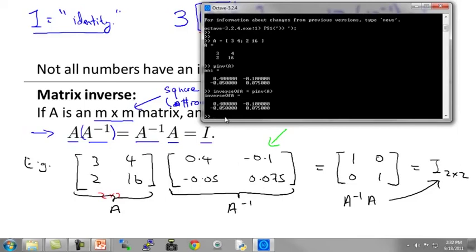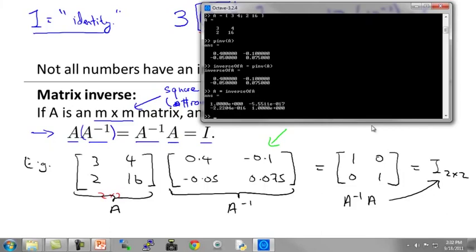I can now just verify that A times A inverse is the identity. A times inverse of A, and the result of that is this matrix. This is 1, 1 on the diagonal, and essentially 10 to the minus 17, 10 to the minus 16 on the off-diagonals. Up to numerical precision, up to a little bit of round-off error that my computer had in multiplying these two matrices, these numbers off the diagonals are essentially 0.